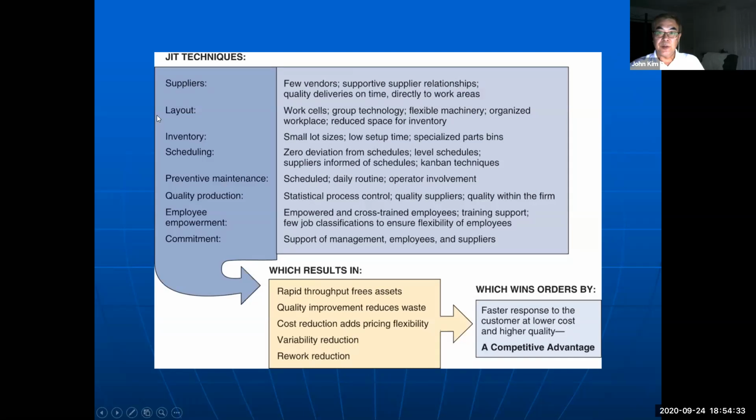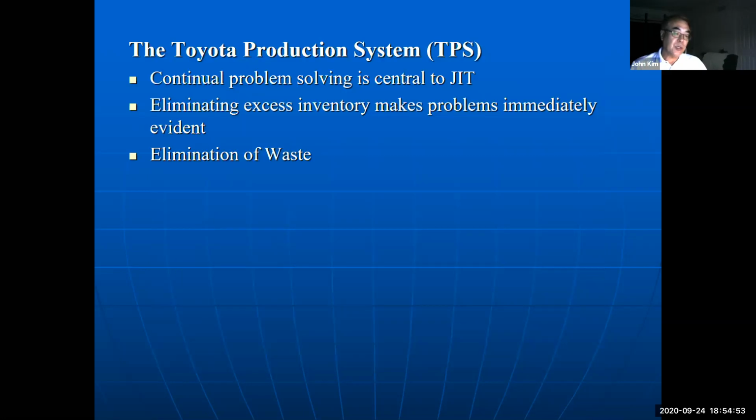So we will talk about what kind of JIT techniques reduce or eliminate waste and variability, and increase the throughput rate or decrease the throughput time. The Toyota system is the most famous JIT system. The Toyota JIT system is called TPS, Toyota Production System.